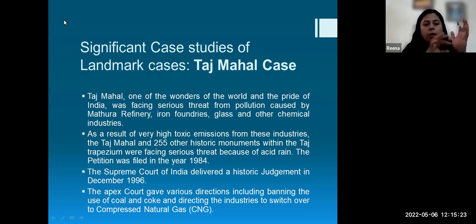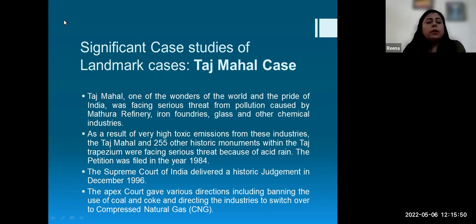In the vicinity of the Taj Mahal itself, ranging from 4 to 10 kilometers, there was a trapezium area, and there were around 255 historic monuments in that area. Some of them were identified under the Heritage Act and some were not, but still they were historic monuments.